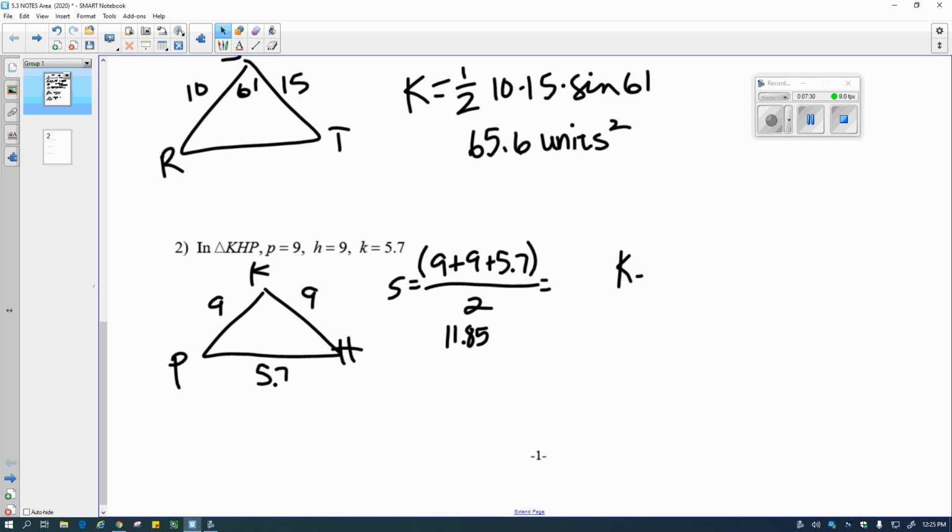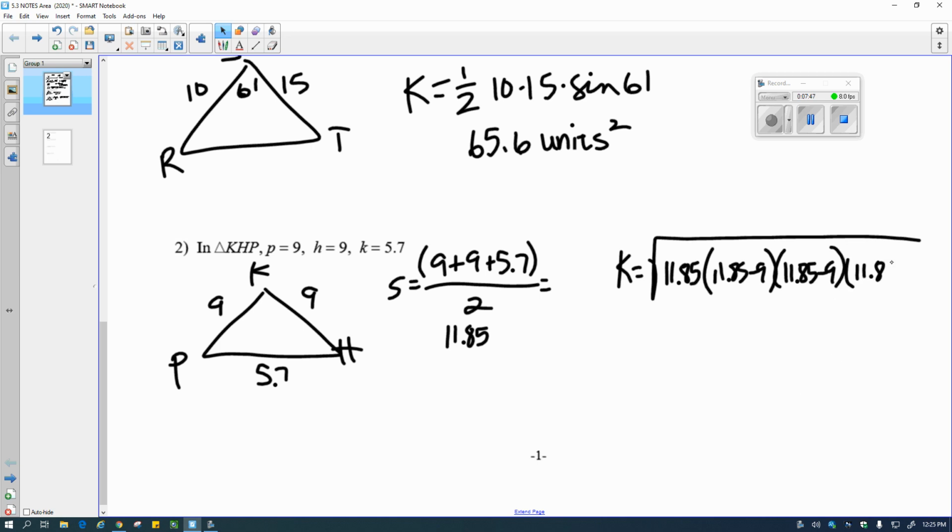That's what's going to go into my formula for my area. So K is equal to the square root of 11.85, that's my semi-perimeter, times 11.85 minus 9 times 11.85 minus 9, the second 9, times 11.85 minus 5.7. And then it's a matter again of plugging it in your calculator.